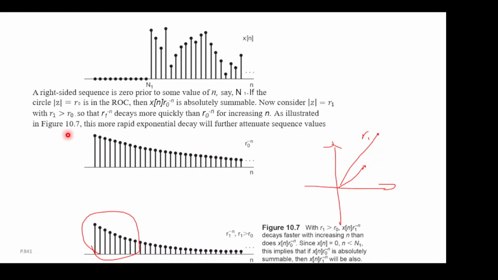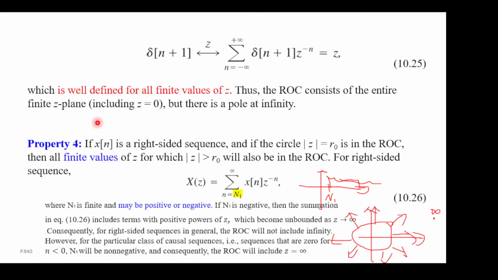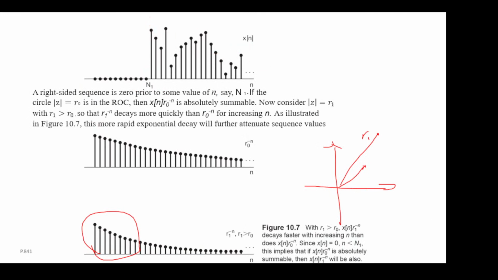Then you go to some r1 that's bigger than r0, and it's going to decay faster, and then it should be absolutely summable, although it might have some higher ratio at the start. Here we don't run through the algebra carefully because we're seeing it in chapter 9. But if you have some decay that's absolutely summable, then a higher decay should still be absolutely summable, although it might be times some constant because the starting point might be higher.